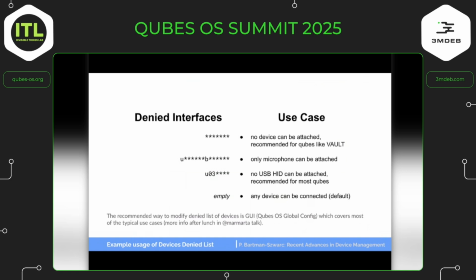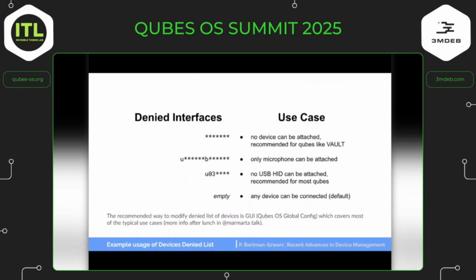So it denies all the peripheral devices. We can set such a denied list, like the 7 asterisks, for cubes like the vault, when we don't want any attachment at all. So this is the most strict rule.